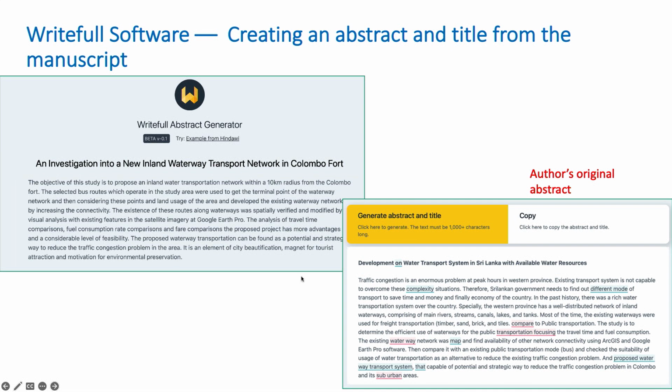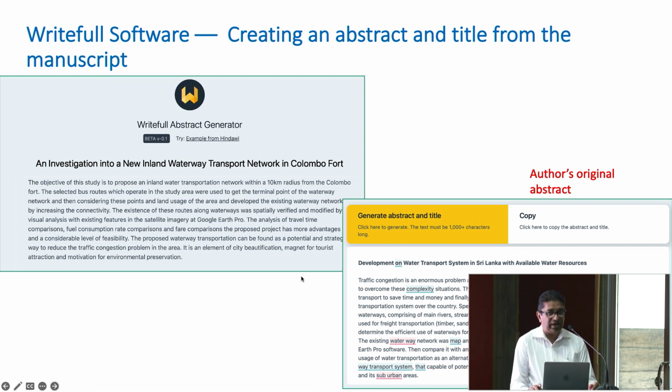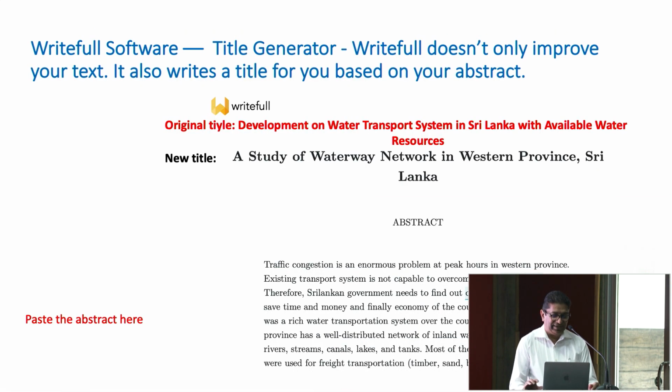Okay? So therefore, you can adjust, and even the title can be made easily. Now this is the title generated. The original title is Development on Water Transport System in Sri Lanka with Available Water Resources. The new title is A Study of Waterways Network in Western Province, Sri Lanka. Right.